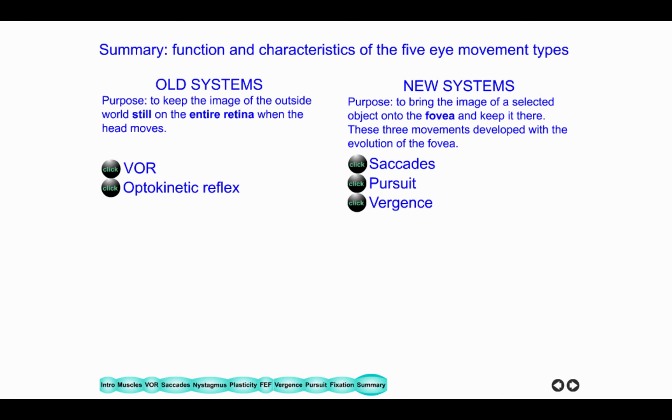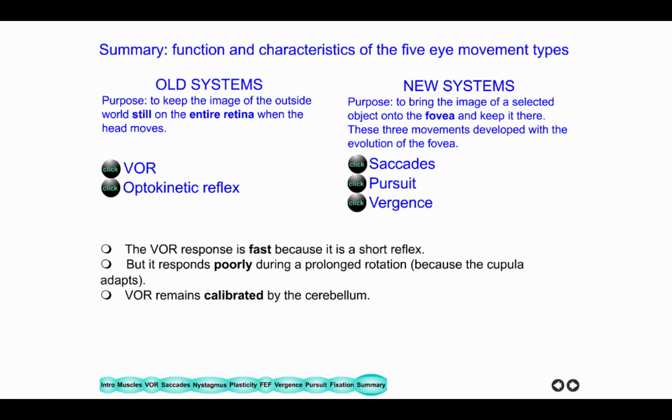And these newer systems evolved with the production of a fovea, the center of the eye that sees clearly. So you have these new systems, the saccades, the pursuit, and vergence, to keep the image stable on the fovea. In this case, it's keeping the image stable on the whole retina.